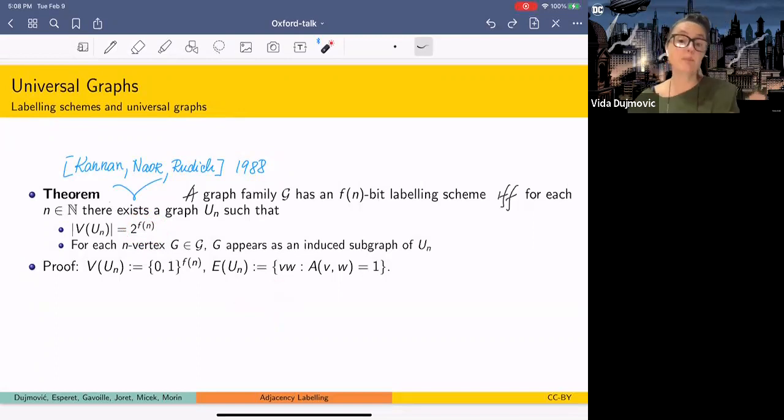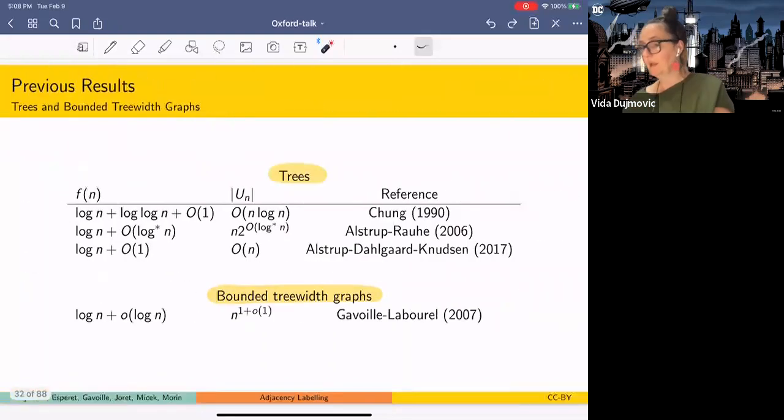And by the way, this is if and only if, this relationship between induced universal graphs and the labelings. All right, so the goal is the same. You want as small a universal graph for a graph family and as small a length of the labeling for a graph family.